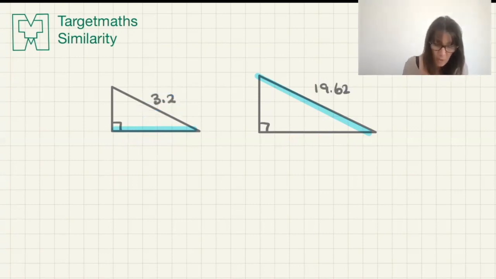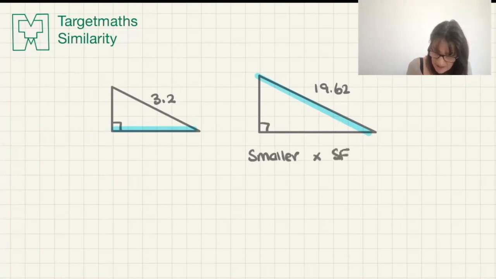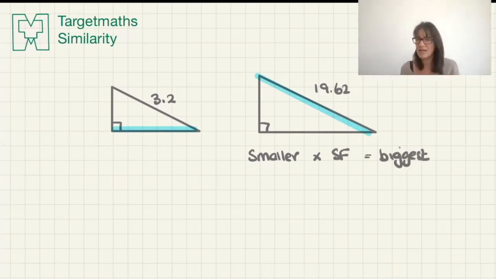So I always approach this, no matter how complicated the question seems, the same way. It's always the smaller shape that I am given times by the scale factor, and it will equal the biggest. And that's my go-to standard approach, no matter what the question is.